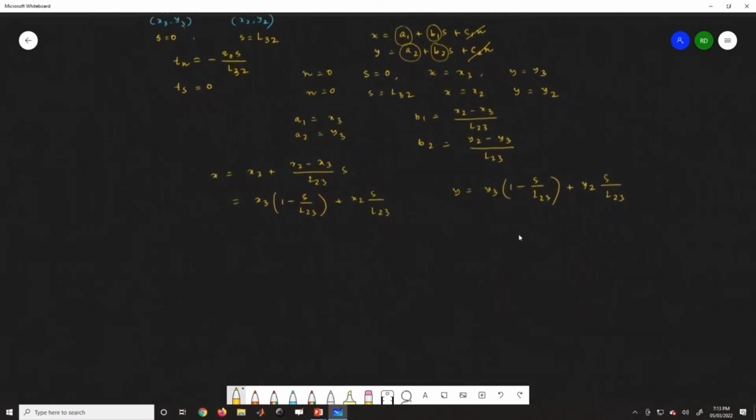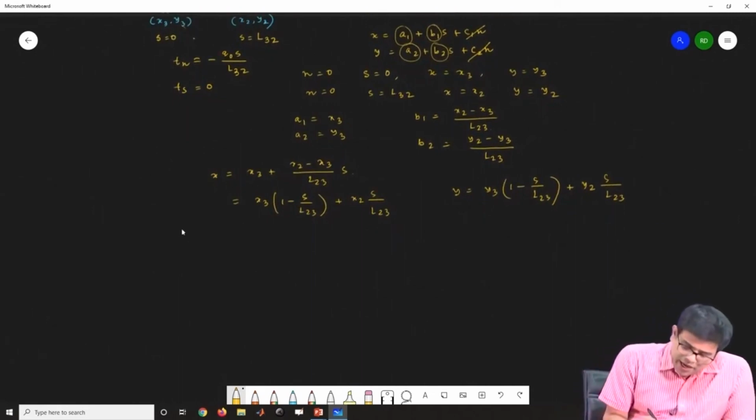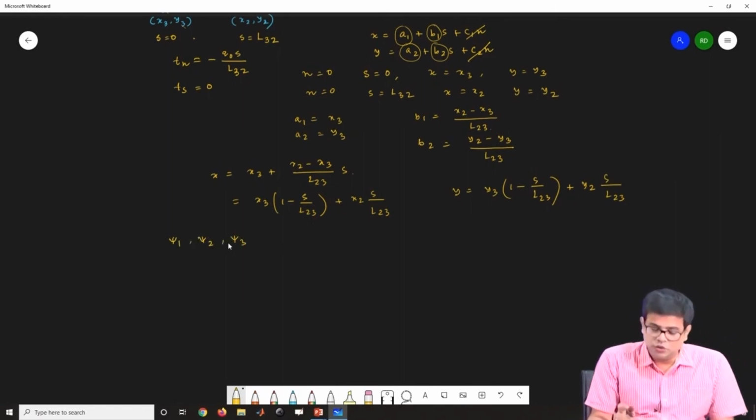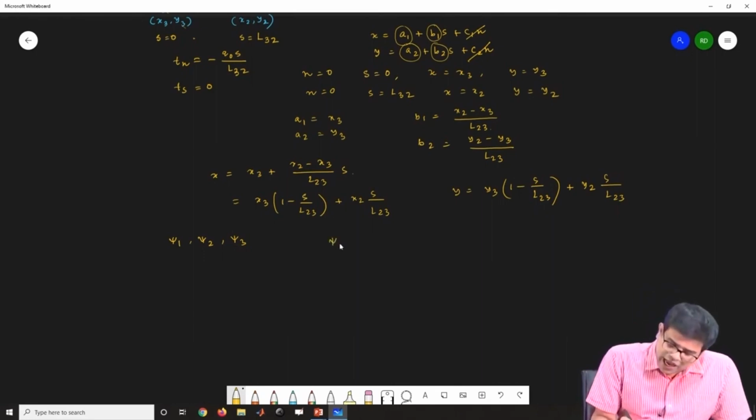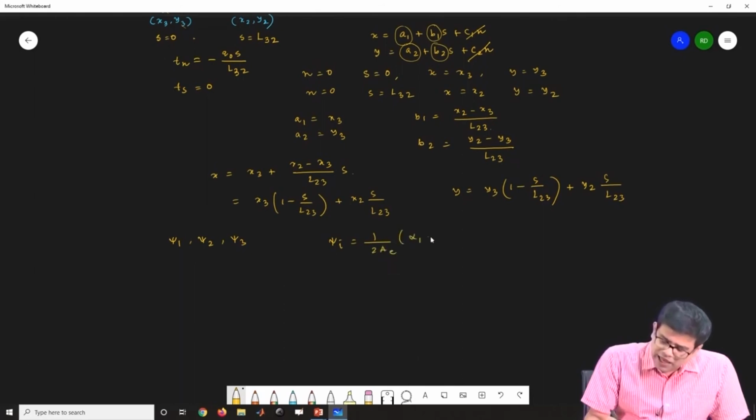Now once we know this, then my psi 1, psi 2 and psi 3 I have to find out with this substitution. So basically psi I is 1 by 2 AE into alpha I plus beta I x plus gamma I y.